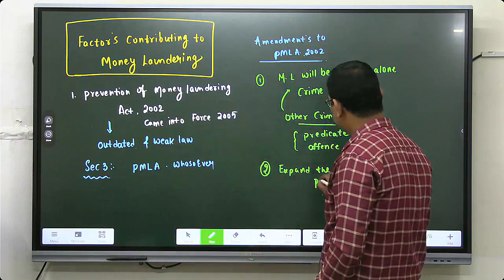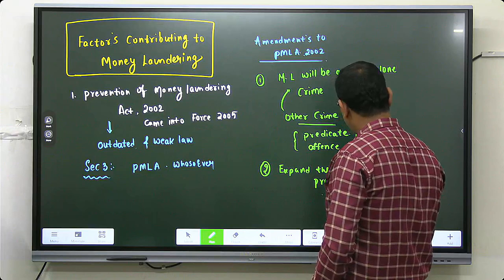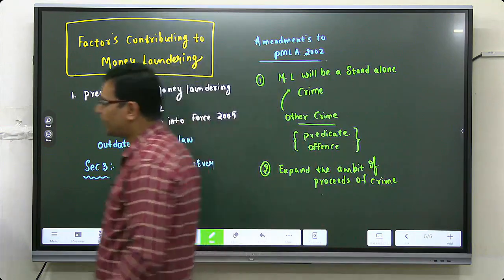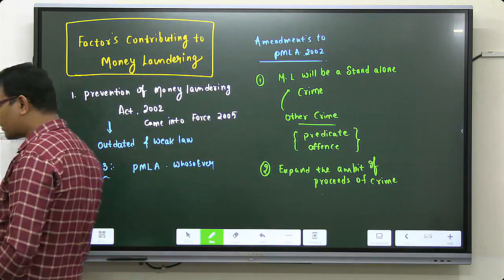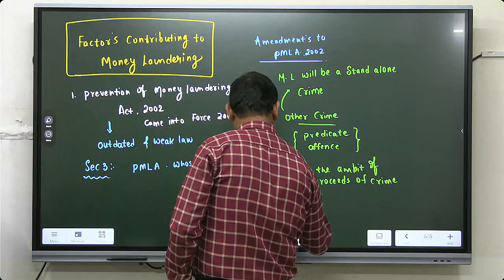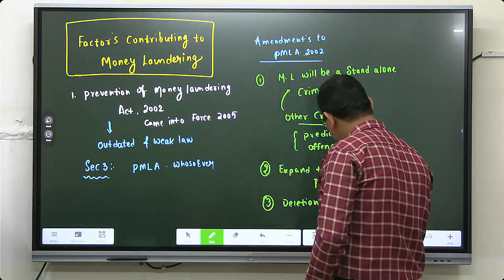Third, you write 3: deletions of provisions. There is just deletion.